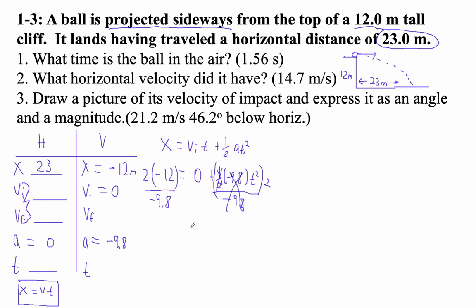So let's look at this. I'm going to go 2 times negative 12 divided by negative 9.8. And this left side is 2.44897, and that equals t squared. And then I'm going to square root that.